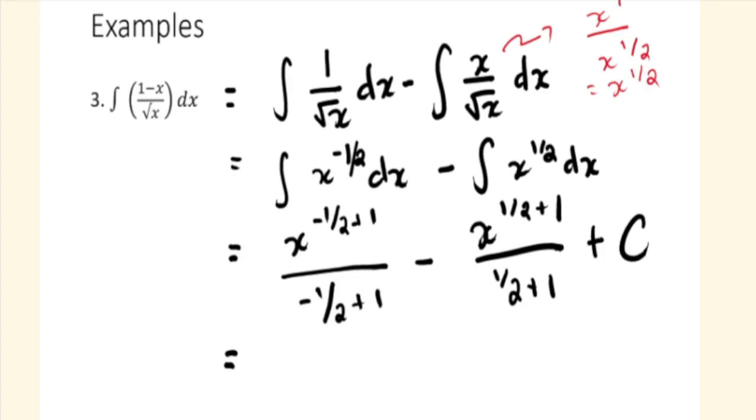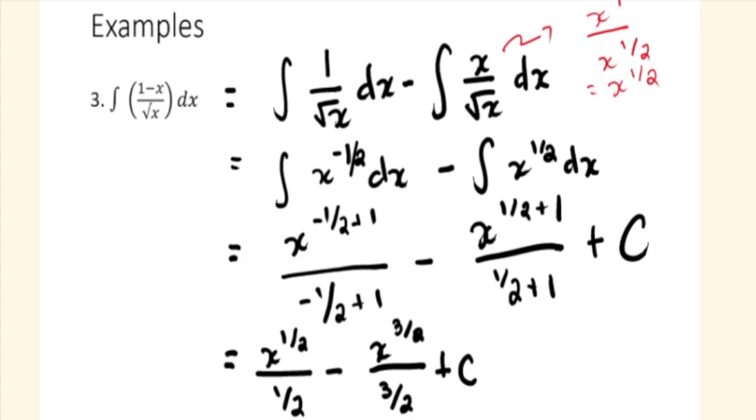Okay, simplify natin. This would be x raised to 1/2 over 1/2 minus x raised to 3/2 over 3/2 plus c.